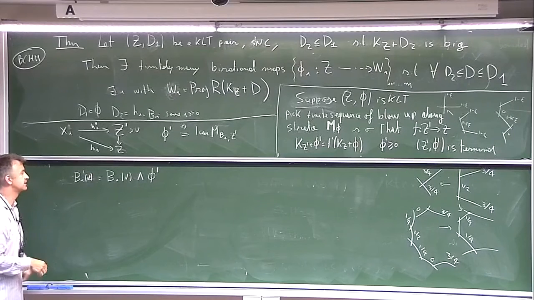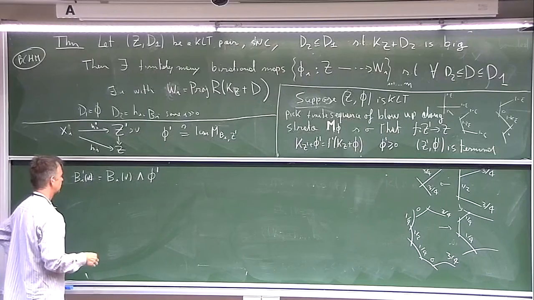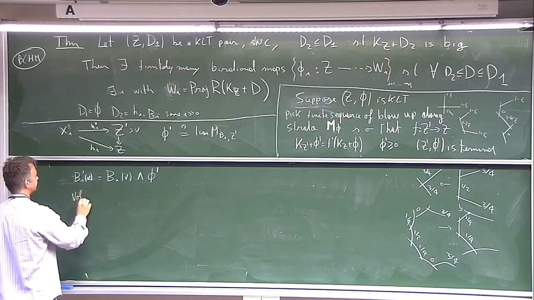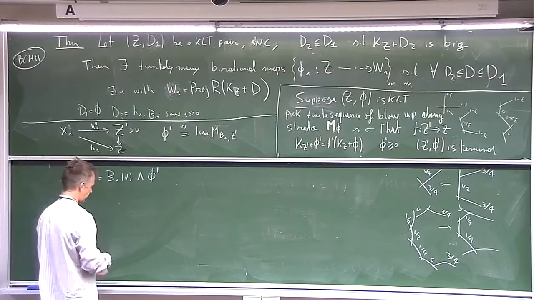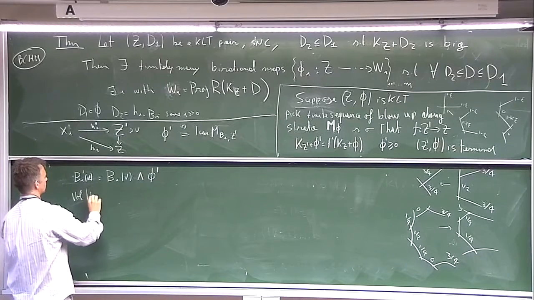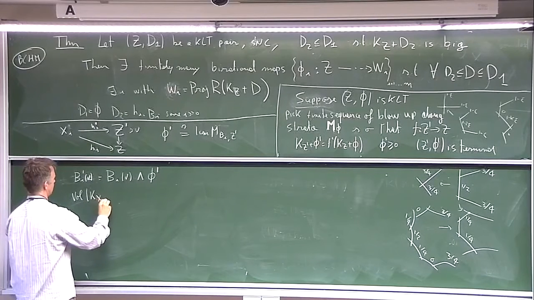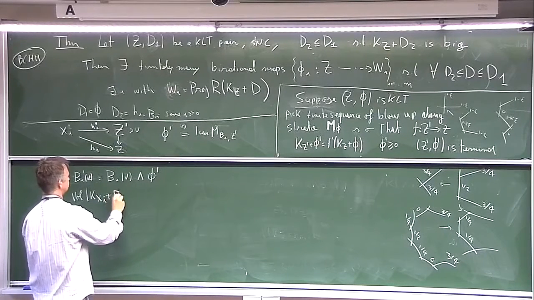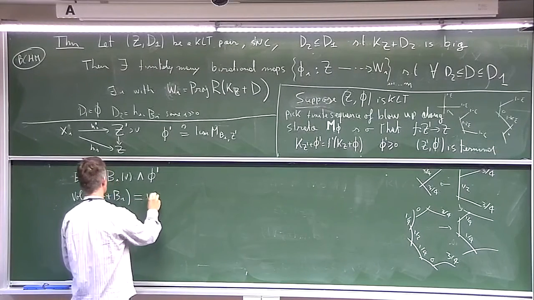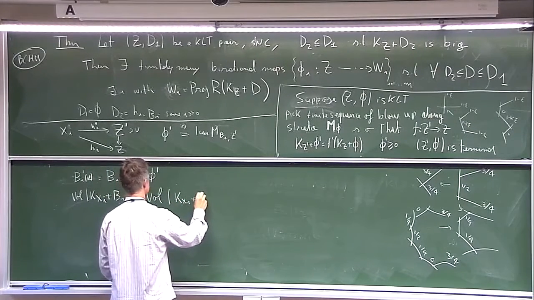Now, why is this a reasonable thing to do? Because, you see, the point is that the volume of K_Xi plus b_i is actually equal to the volume of K_Xi plus b_i prime.